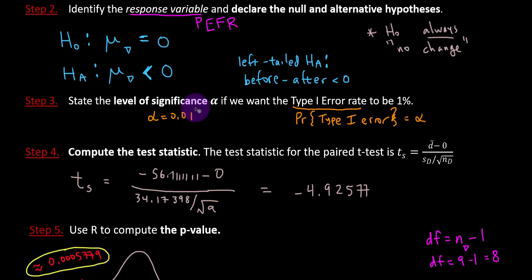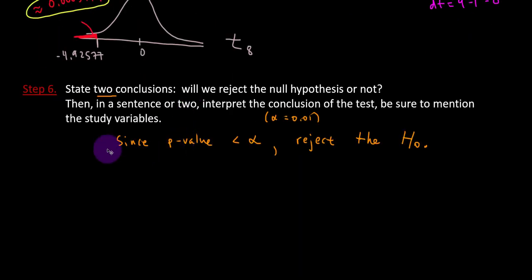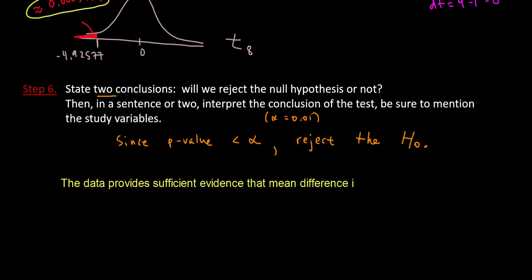Something to that extent. But I do want to mention the mean. So I'm going to write some of that down. So the data provides sufficient evidence that the mean difference in the peak expiratory flow rate, and it might be worthwhile mentioning that that difference was calculated as before minus after, is negative.